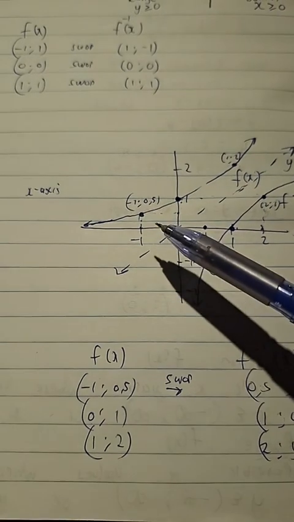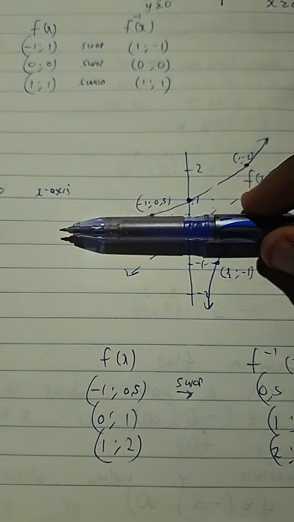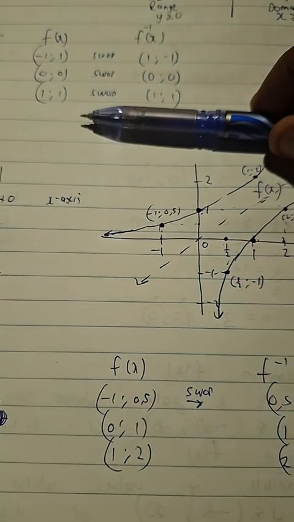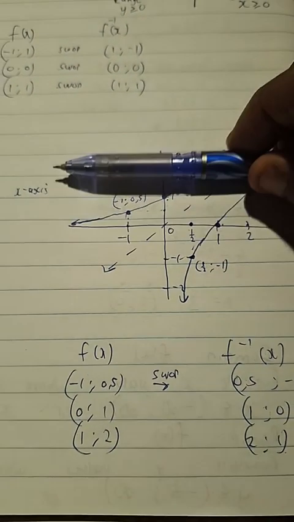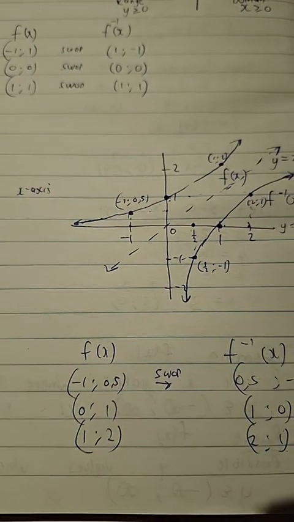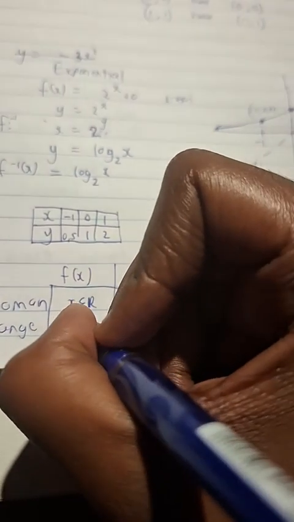So in other words, there is a limitation to where the function exists. The function exists only above the x-axis. So in other words, where y is greater than 0, that's where the exponential function will exist. So we say y is greater than 0.